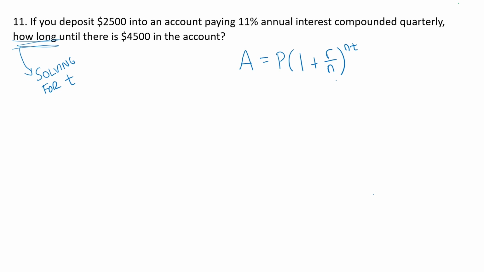So that is your principal. The account is paying 11% annual interest. So 0.11 is your R. It's compounded quarterly. So N is 4. And we're looking for how long. So we're solving for T until there is $4,500. That's the total amount in the account. So just set it up.